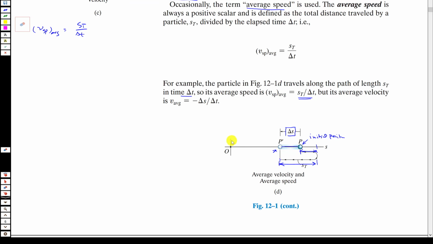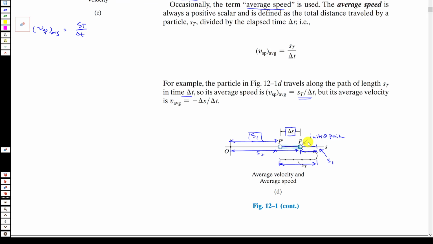Let's say initially this particle was at s2, the initial position, and then it traveled some distance to s3. Then it returned back and reached this position, that is s1. So this is the final position and this is the initial.